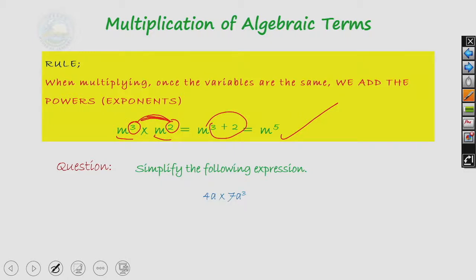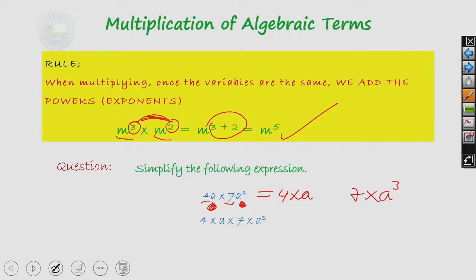Let's apply that here. 4a multiplied by 7a cubed. Here, the coefficient is 4, the coefficient here is 7, the variable for this term is a, the variable here is a cubed. If I were to expand this based on how we did when we were establishing algebraic statements from worded statements, we said that 4a is really 4 multiplied by a, and that 7a cubed is 7 multiplied by a cubed.